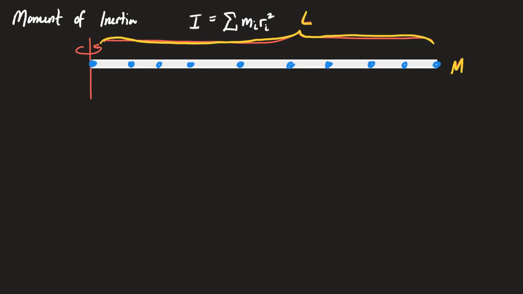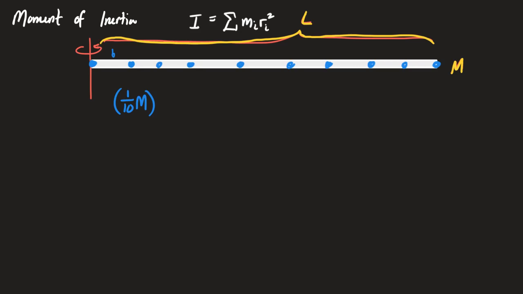So each one of those blue dots has a mass of 1/10 M. Now, I'll point out, if I break it up into 10 pieces, there's actually 9 spaces, right? 1, 2, 3, 4, 5, 6, 7, 8, 9 spaces. So when we start looking at where they are, we have to account for each mass and how far away from the pivot point they are.